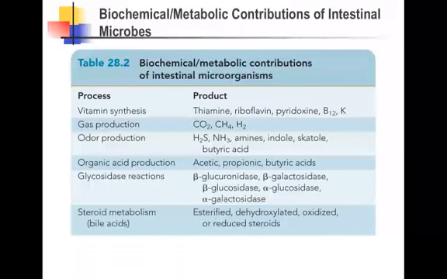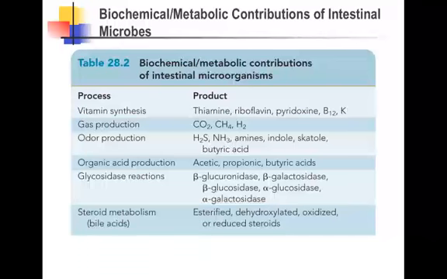Here we see some of the roles of these members of the intestinal microorganisms. Some of them produce gas, others produce some of the odors associated with that gas, and others produce enzymes that help us digest certain carbon substrates. Some of them also play a role in modifying steroids that our circulatory system will carry as part of our endocrine system.